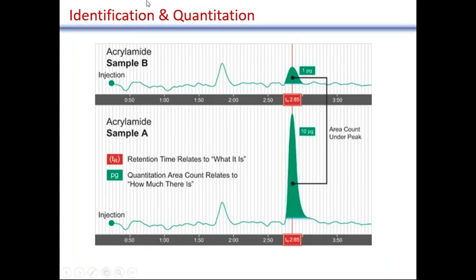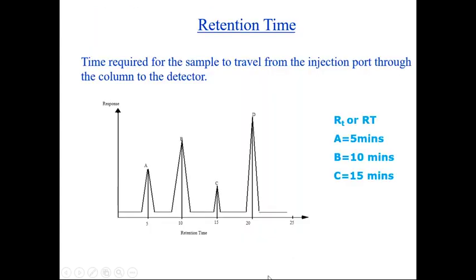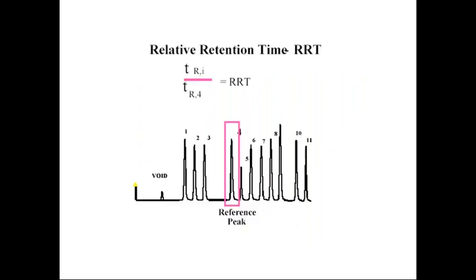So here, if you look at this acrylamide, 1 picogram was injected, so you get an area of this, and the same acrylamide, if you inject 10 picograms, you almost get 10 times the area. But the retention time remains the same, 2.85 minutes, to show that it is acrylamide. So molecules are identified by their retention times.